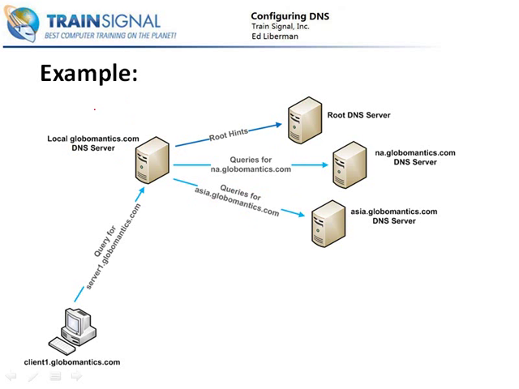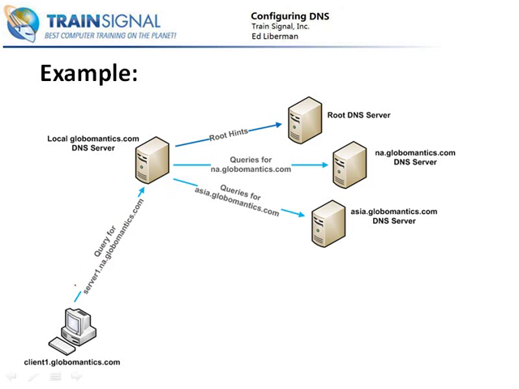In the first example, we have our client looking for server1.globalmantics.com. It's going to send that query on to the globalmantics.com DNS server, which is its local server. Because this server is authoritative for the globalmantics.com domain, it simply sends an answer back to the client. Simple.